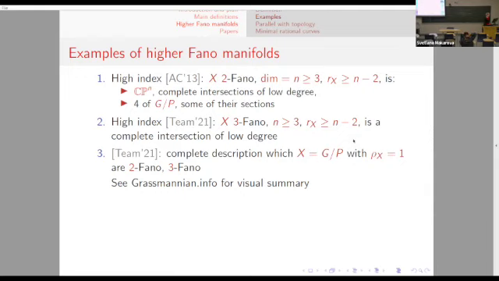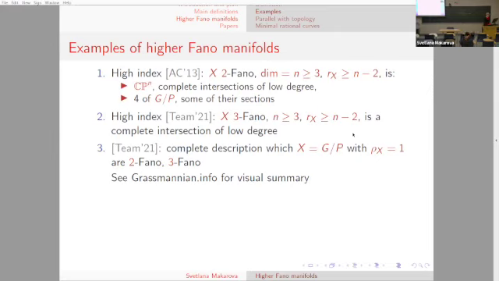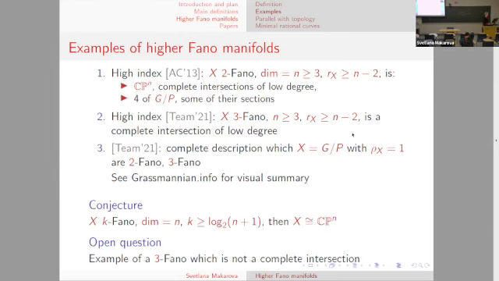And so to sum up, we actually don't know examples of 3-Fanos which are not complete intersections, and this is still an open question. And further, if you do the calculation for complete intersections, then with this bound on the k-Fano property, you can check that this establishes that X is a projective space.